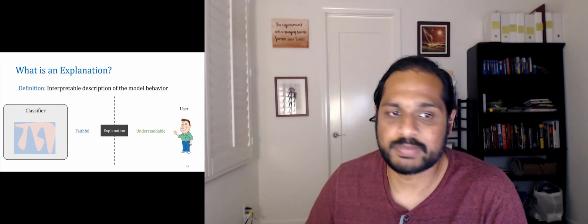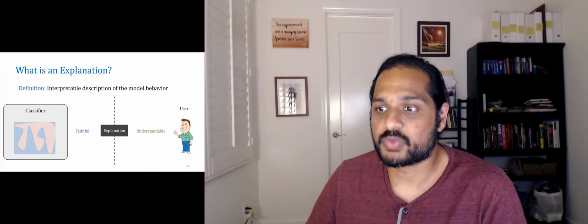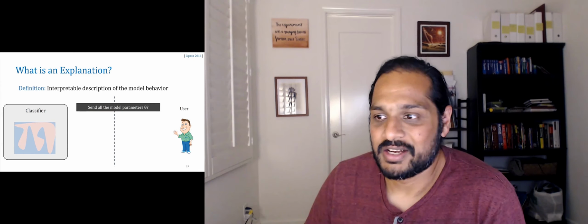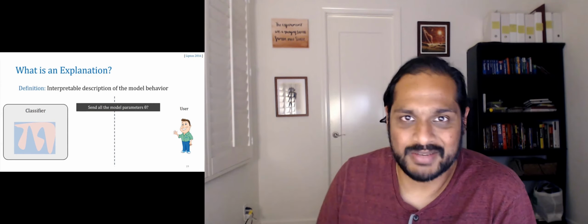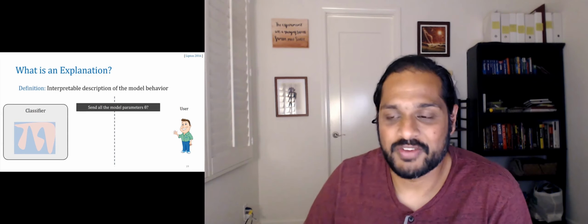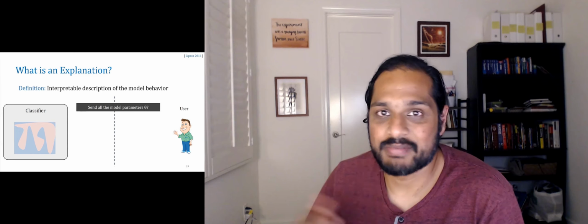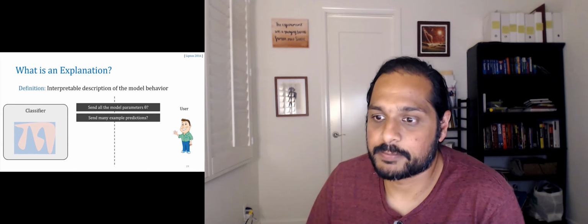So what could these explanations actually look like? Let's look at a few examples. The most obvious one is to maybe look at all of the model parameters. That is an explanation. It's maybe not a very understandable one, but it is definitely a very faithful one. Here's another one. What about we send many example predictions? That is definitely also an explanation.